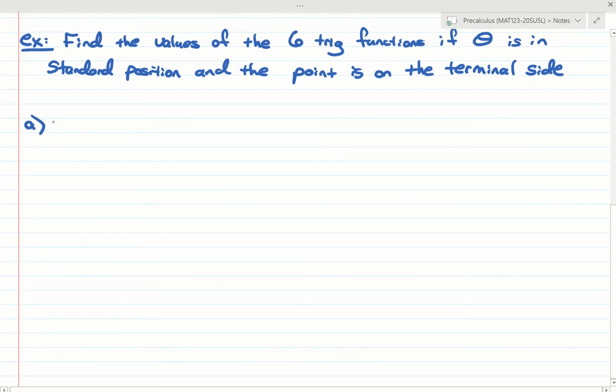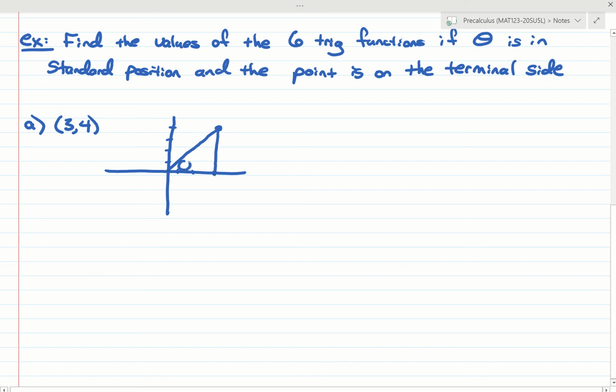We'll start with the point 3, 4. One, two, three. 1, 2, 3, 4. Now whenever we draw a trig function from now on, it's always going to connect to the origin, and it connects to the x-axis.